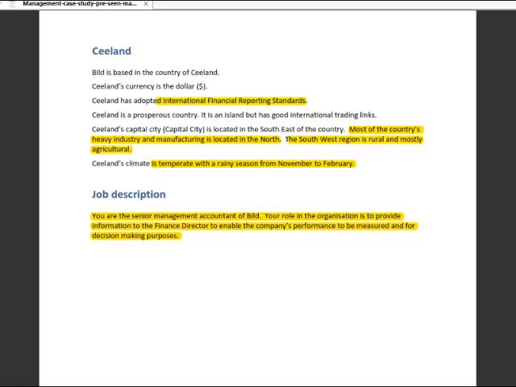Most important, job description. You're the senior management accountant at Build. That's your role that you must play, the senior management accountant. So that presumes that there are other management accounting staff, but you're the senior one. And your role in the organization is to provide information to the finance director, who we will meet shortly, to enable the company's performance to be measured and for decision-making purposes.